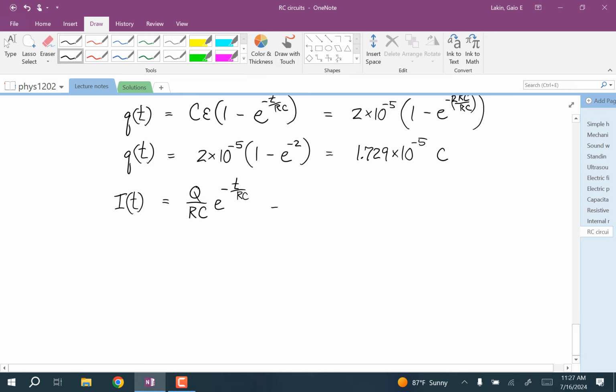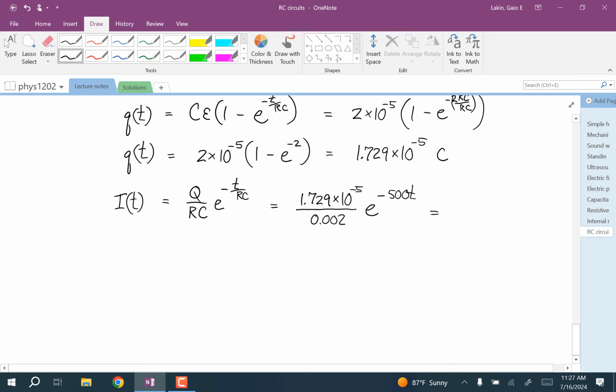And so let's put these values in. Our starting Q is what we just figured out: 1.729 times 10 to the minus 5 divided by RC, which is 0.002, times e to the negative... We already figured out before that 1 over RC is equal to 500, so this is minus 500t.